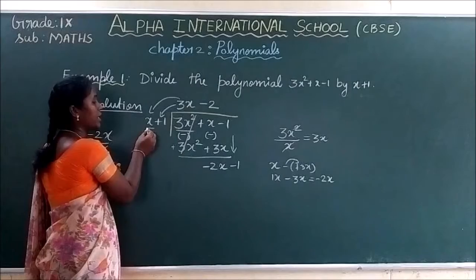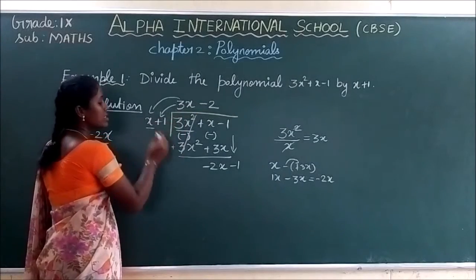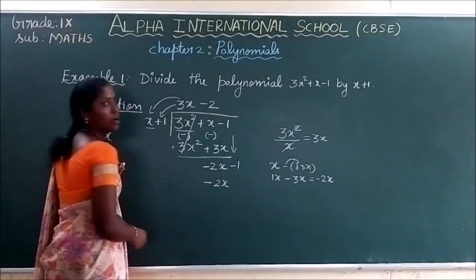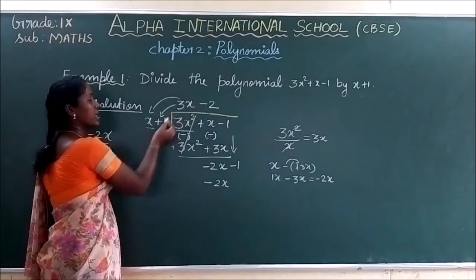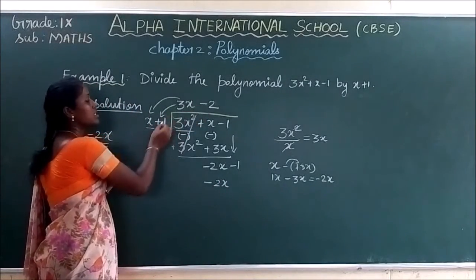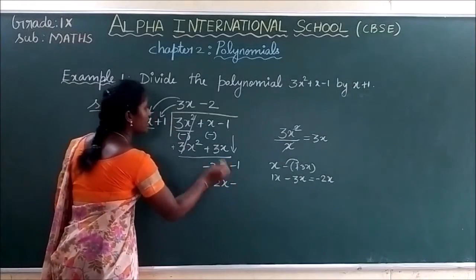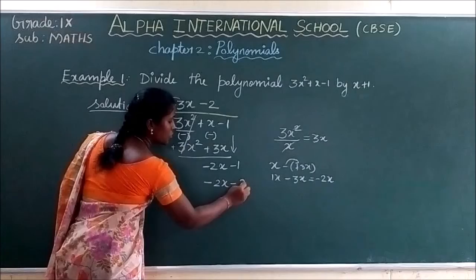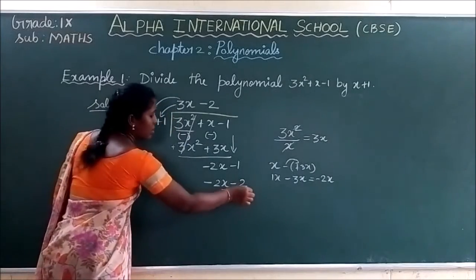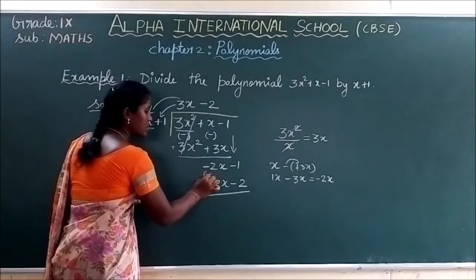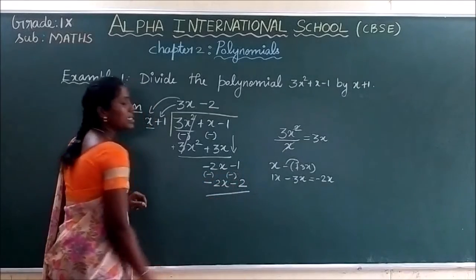Now, minus 2 should be multiplied with the two terms. Minus 2 into x, minus into plus is minus, 2 into x is 2x. Okay, the second term, here minus, here it is plus. So minus into plus, first multiply the sign. Minus into plus is minus, 2 into 1 is 2. Okay, as we did before, we are going to subtract these terms.